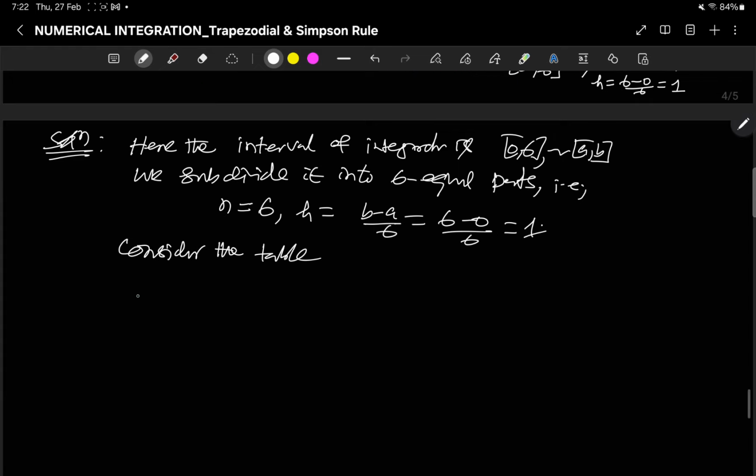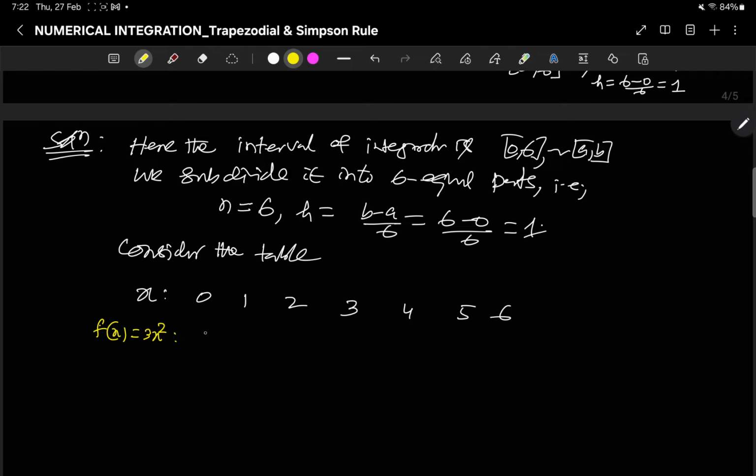We have x as 0, 1, 2, 3, 4, 5, 6. This is our x and our f(x) is equal to 3x square.